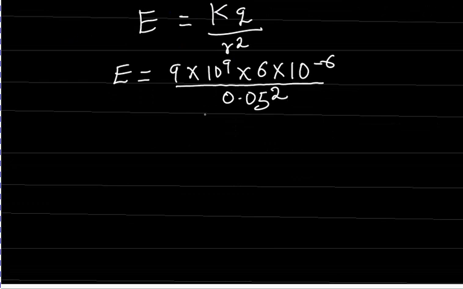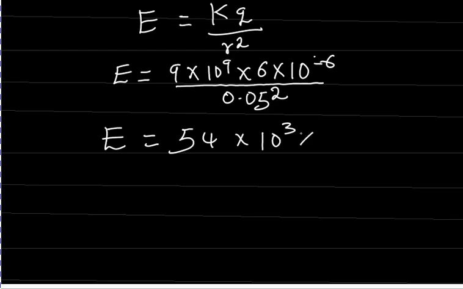So here we go, we can just calculate this. 9 times 6 is 54. Then multiply by 10 raised to the power 9 times 10 raised to the power minus 6. The power will be 9 minus 6, which is 10 raised to the power of 3. Then the denominator is 5 squared.